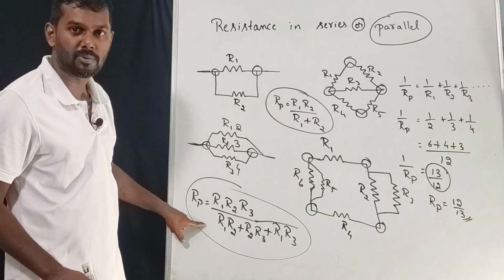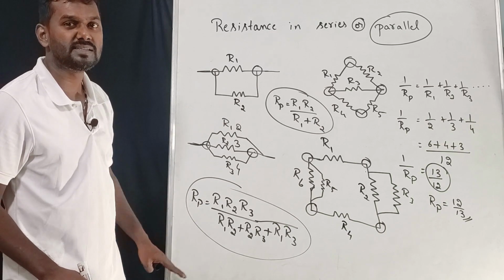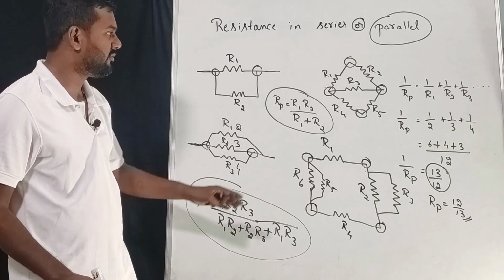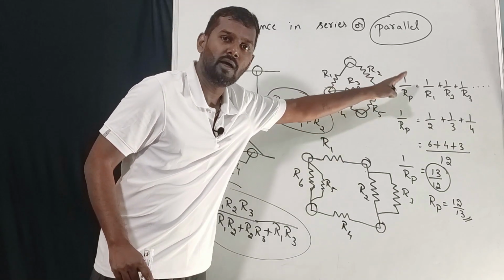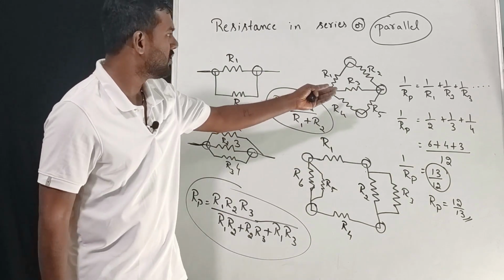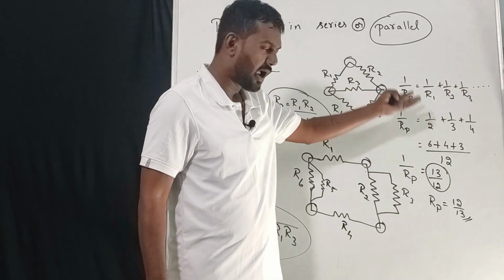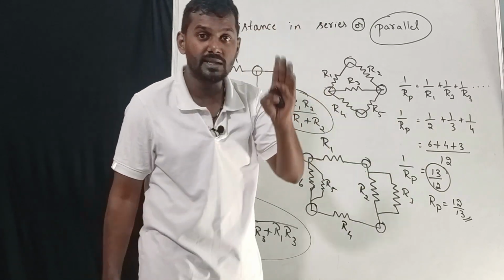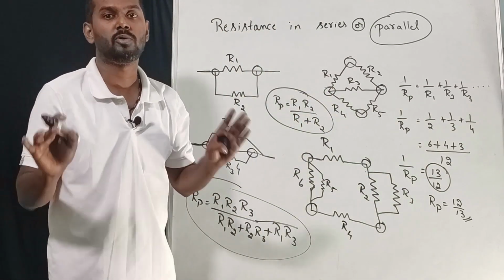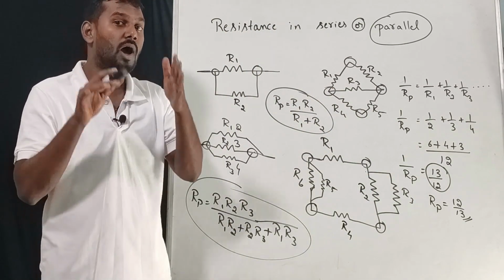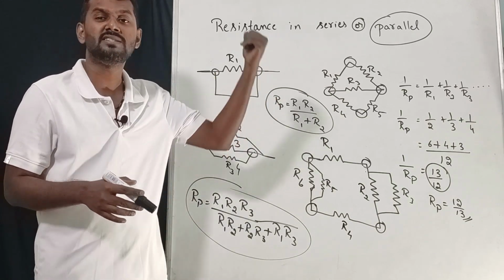The three-resistor formula is applicable only when three resistors are in parallel. For more than three, we definitely have to go for the textbook formula. We have to take the LCM, and calculate normally, but at the end we have to take the reciprocal. Till now we have understood how to identify whether they are in series or parallel.